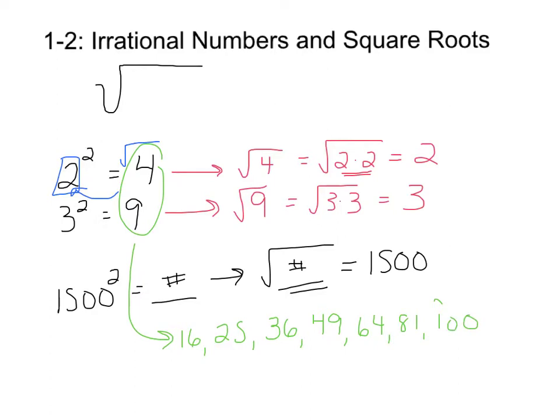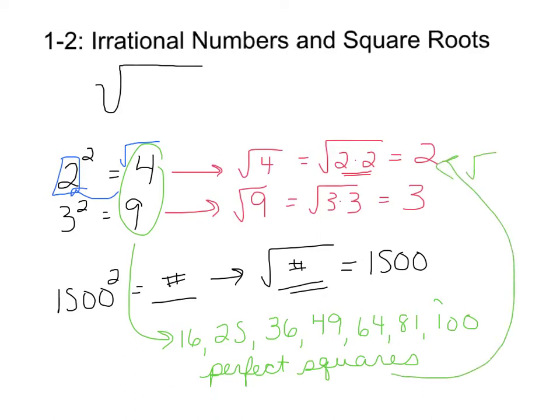These numbers are all what are called perfect squares. The reason being is because when I take the square root of any of these numbers, the square root comes out evenly, or the square root is a whole number. Sometimes I'm not this lucky though.